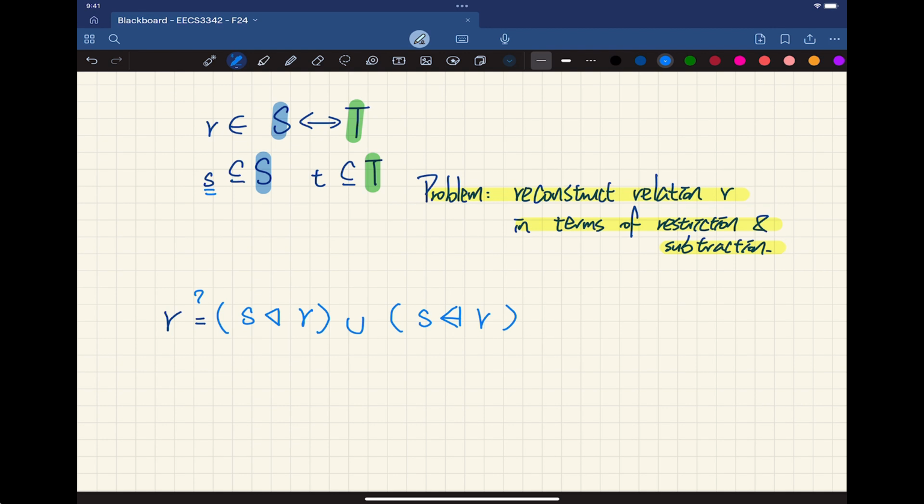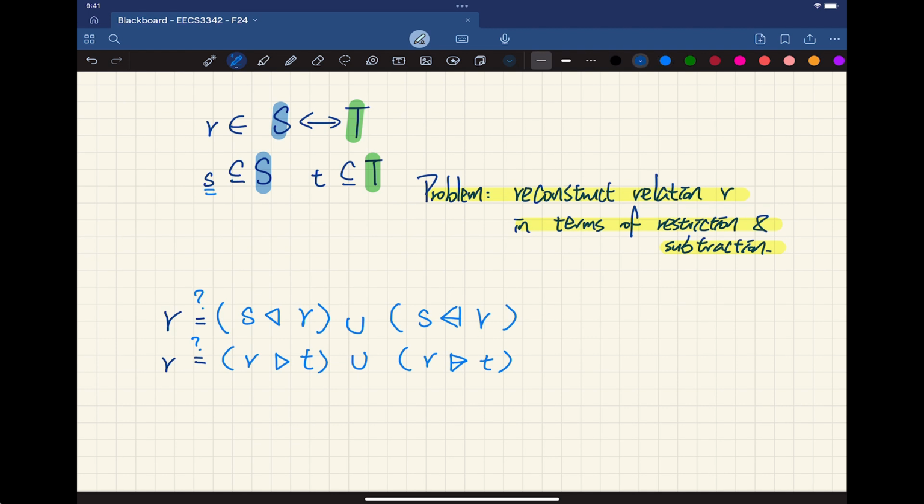You can try to verify that. I got another one for you. You can also try to see, R would be, let's say, R range restricted to T union with R range subtracted by T. Also, I put a question mark over here. And I'm going to put some examples for you to try. Give it a try. And we don't need to do that in the class.